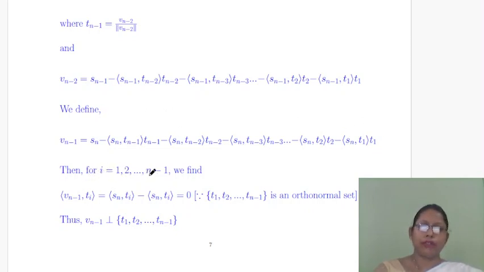Now for i ranging from 1 to n minus 1, we are going to check the inner product of Vn minus 1 with Ti.